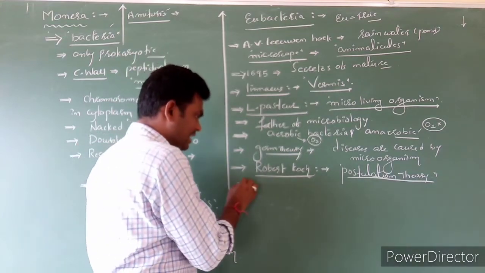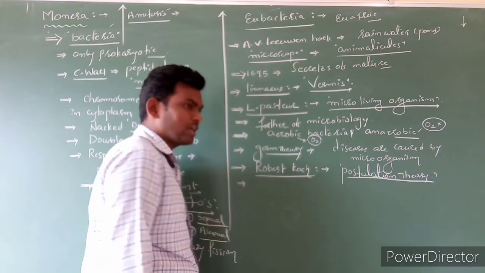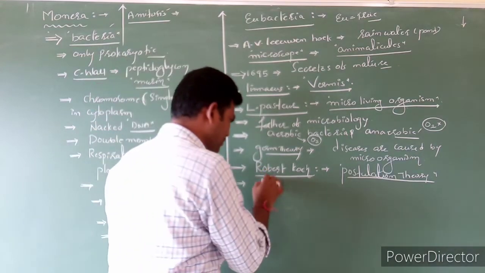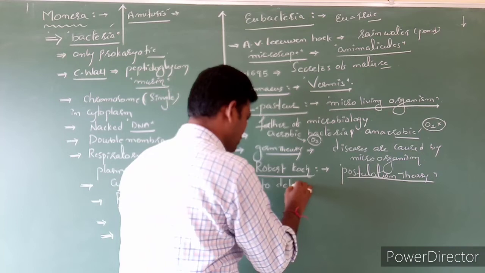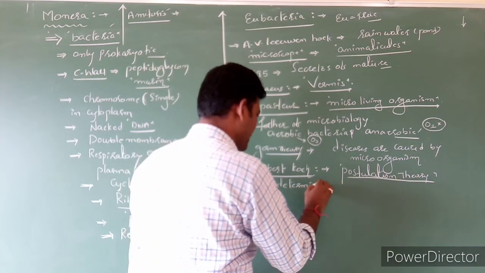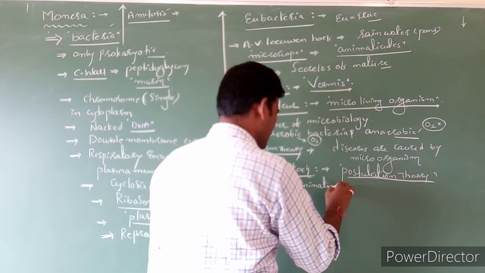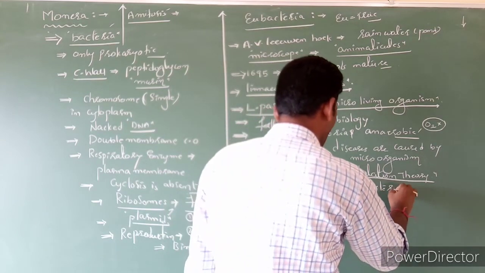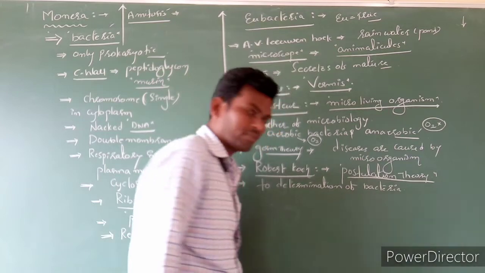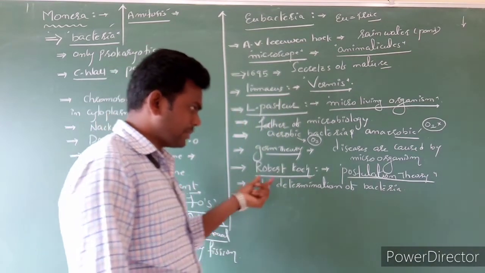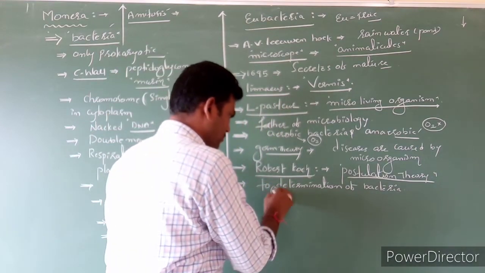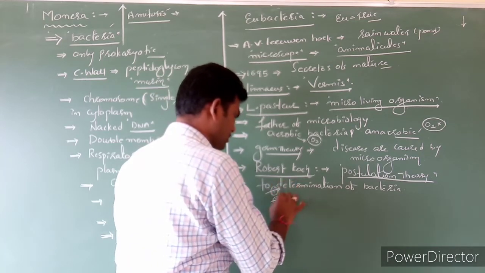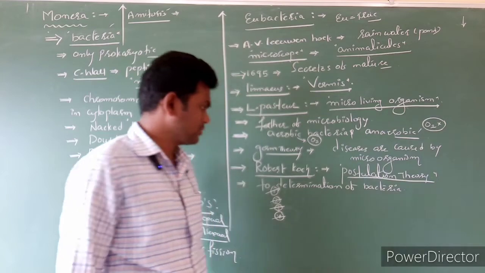It gives the criteria for the determination of bacteria. Four criteria are given according to Robert Koch.